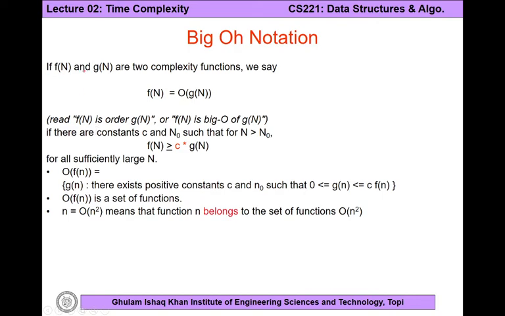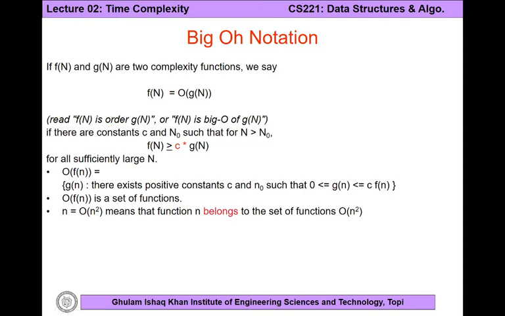Now if f of n and g of n are two complexity functions, we say that f of n is big O g of n. It is also read as f of n is order g of n, or f of n is big O of g of n. So this big O is also called order, and I will most probably be using the word order in the remaining part of the course.